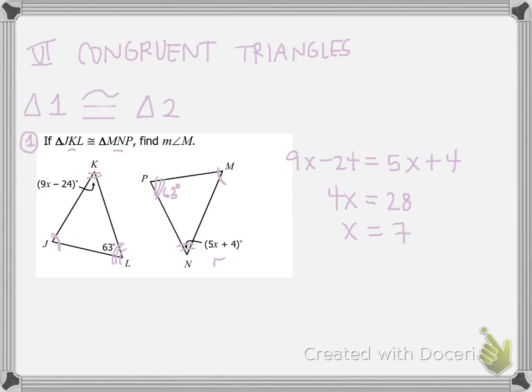So 5 times 7 plus 4 is going to be 39 degrees. Then 180 minus 63 plus 39 is going to give me the measure of angle M, which is 78 degrees.